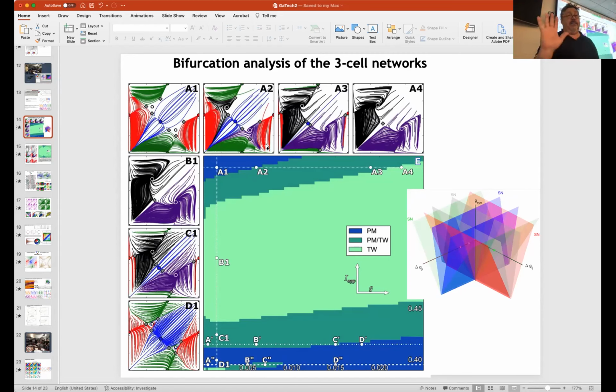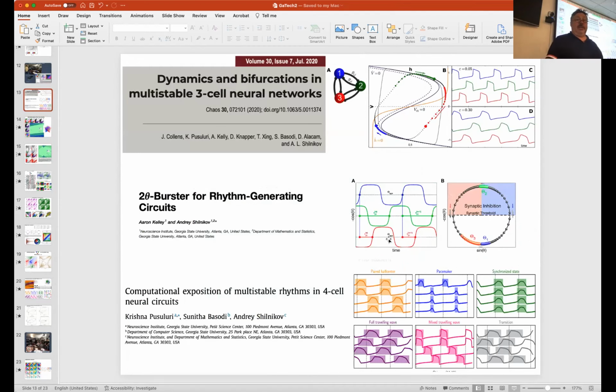All you care about is the phase difference between the burst initiations in the cells, and you will see that the bottom-up approach works just fine. Whatever is true for biologically plausible cells is also true for the toy models, which means you nailed it down and you know why and how it bifurcates, which means you have what we in neuroscience call power of prediction. You can tell what's going to be next.